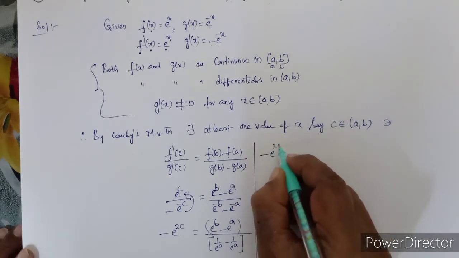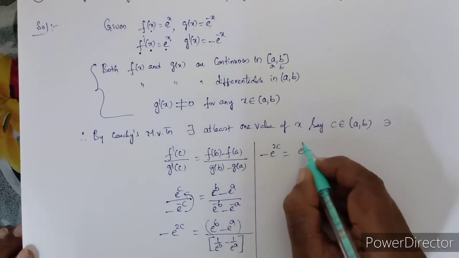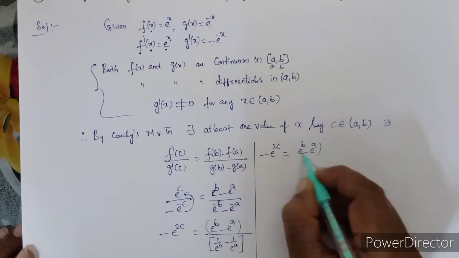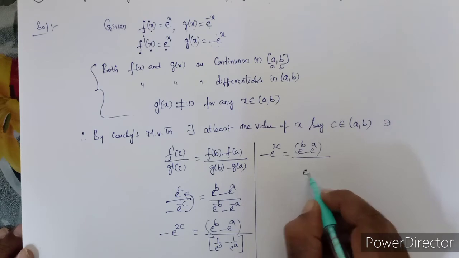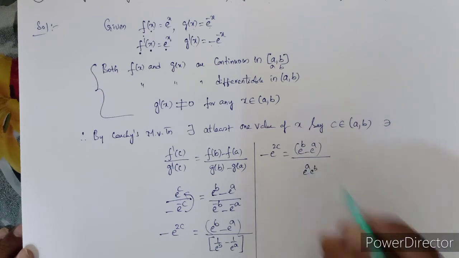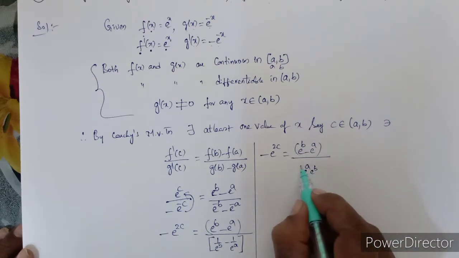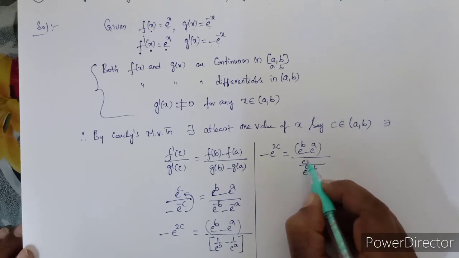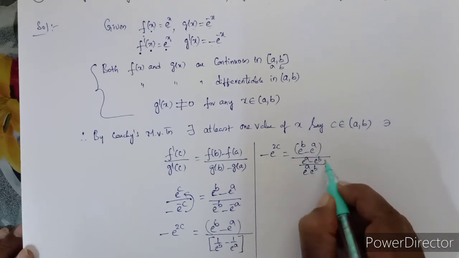Minus e power 2c equal to e power b minus e power a by, take LCM in the denominator, e power a into e power b. This is e power a minus e power b.